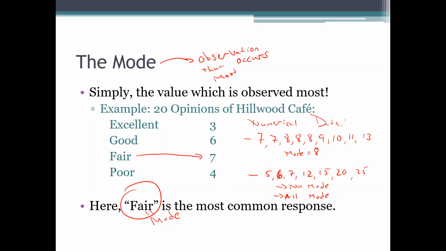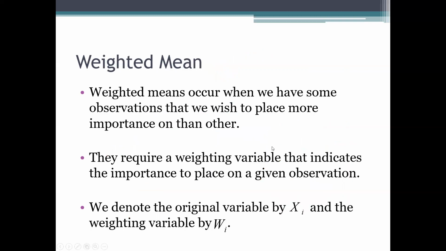All right, there's not much more to say about the mode. It's very straightforward, pretty easy to comprehend. Before we go into break, I just want to get through this, because I'll take a break in about 17 minutes, around 1:50, for 10 minutes. I want to talk now about a slightly different measure of central tendency called the weighted mean.